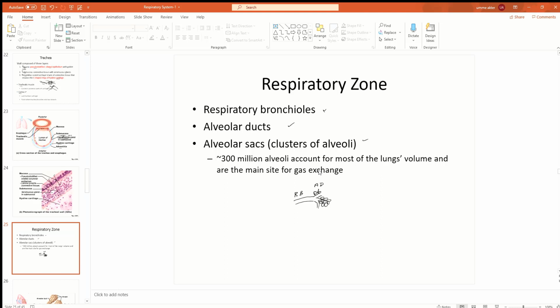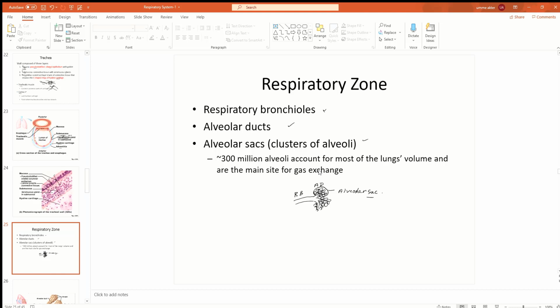It is like the grapes you buy from the store. You know that the grapes are attached to the tiny branches. Okay, so each cluster is called alveolar sac. Alveolar sac contains many alveoli.